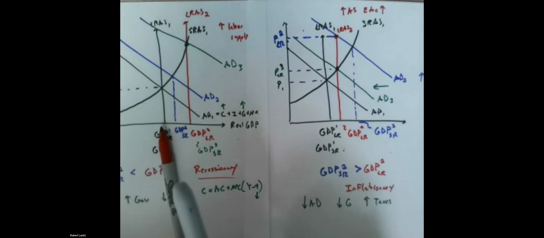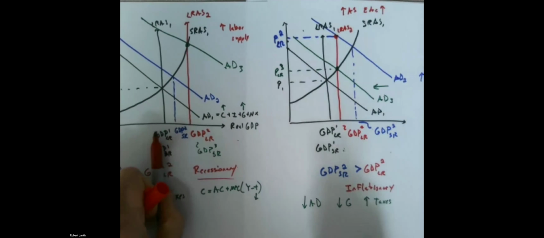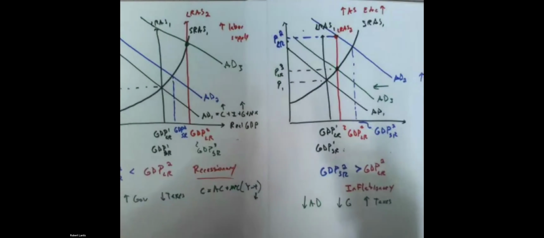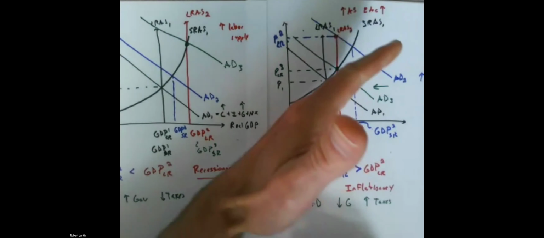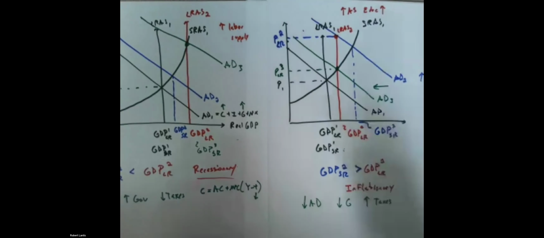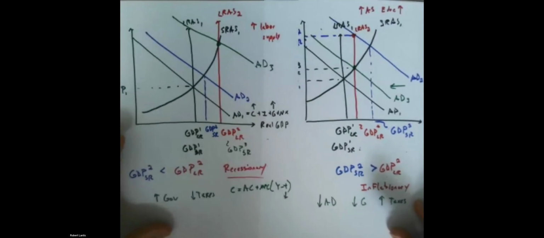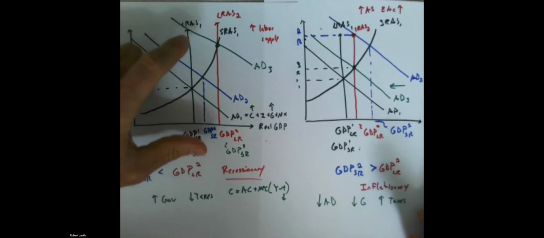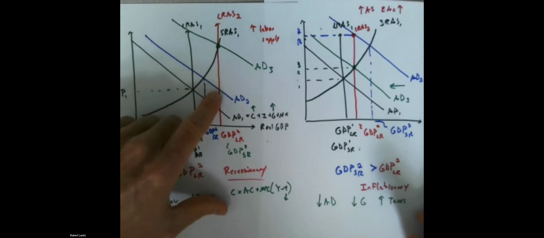So to close this inflationary gap, what did we actually do? We caused long run prices to be lower than if we would have just been patient and allowed that short run aggregate supply curve to adjust. And then the exact opposite would happen if we had a recessionary gap. Where would, excuse me, prices have been?